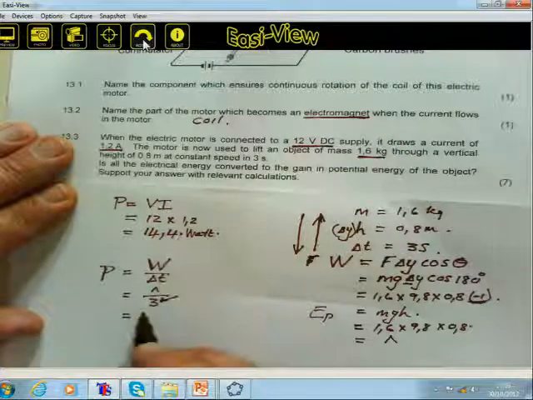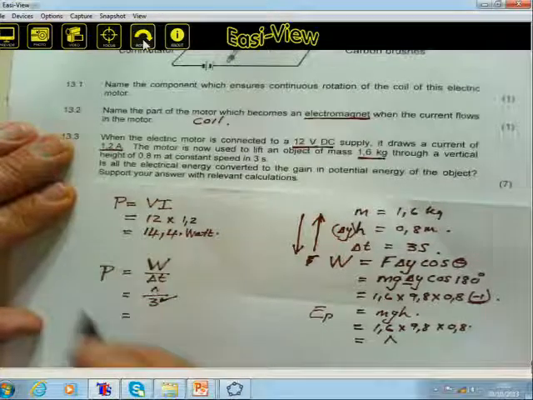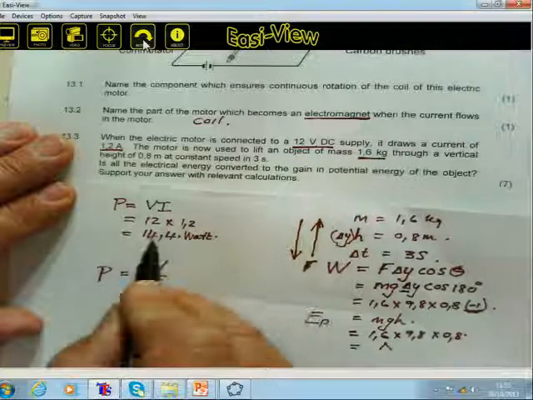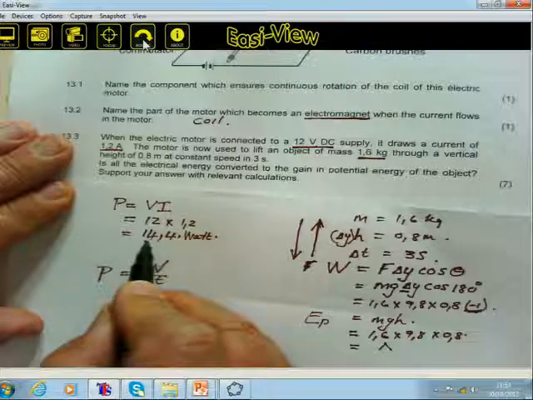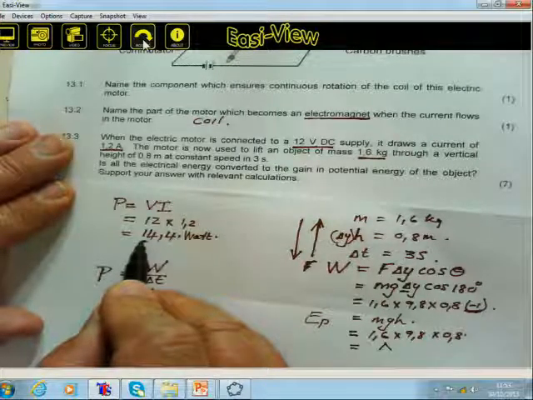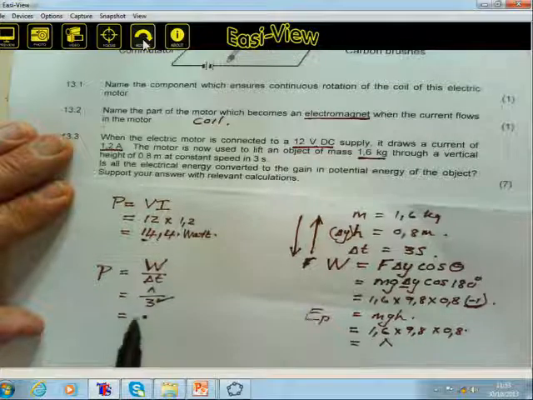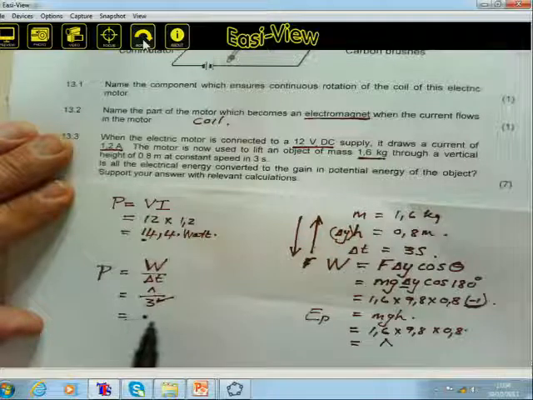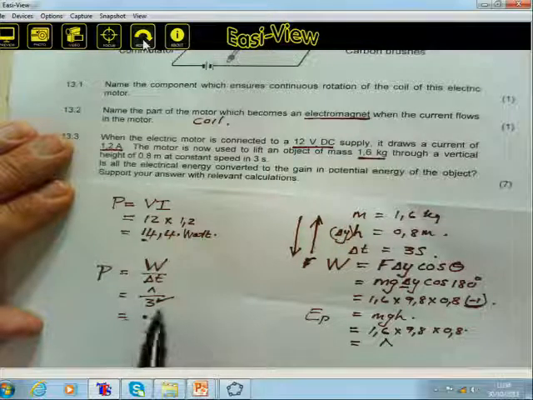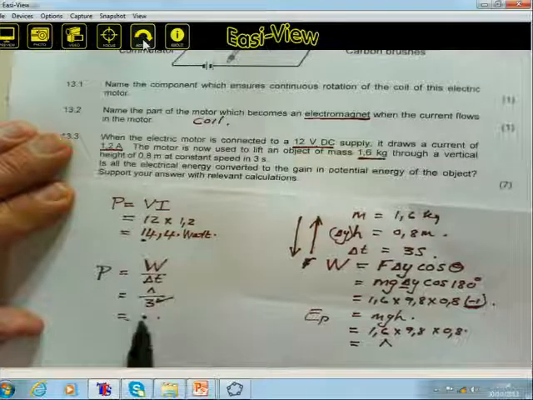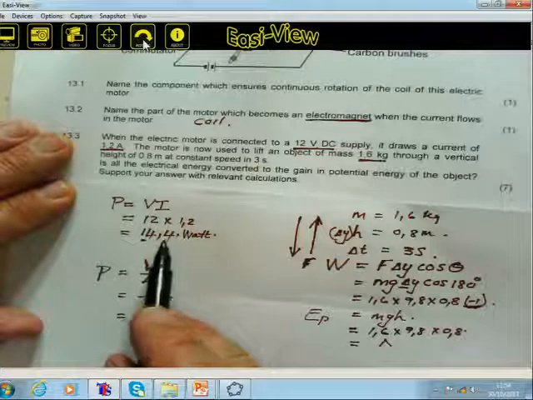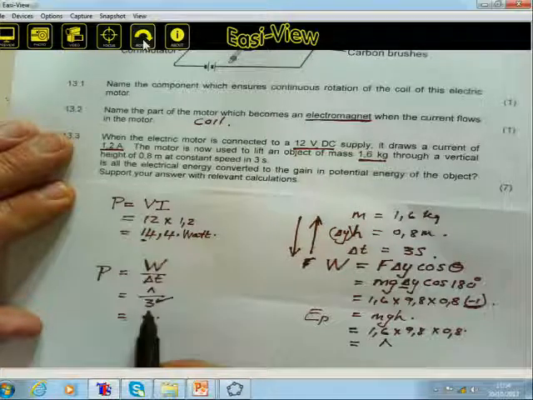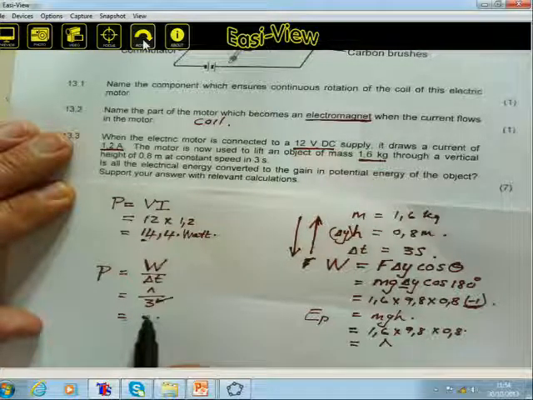If this answer is smaller than the power that the motor was supposed to generate, the real power, work per second done on this object, is less, then you know that all the electrical energy isn't converted to gravitational potential energy.